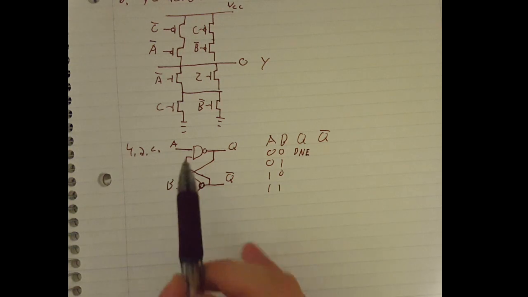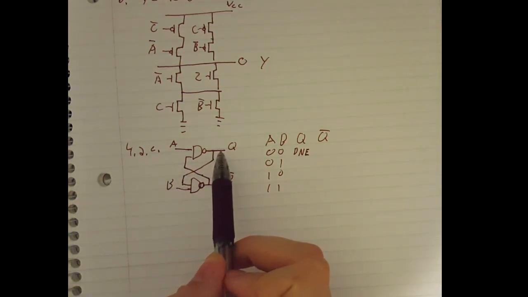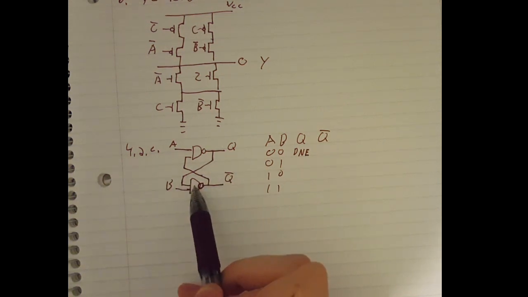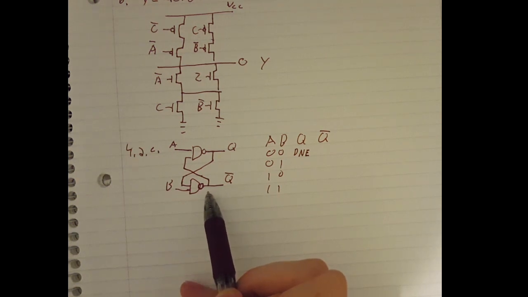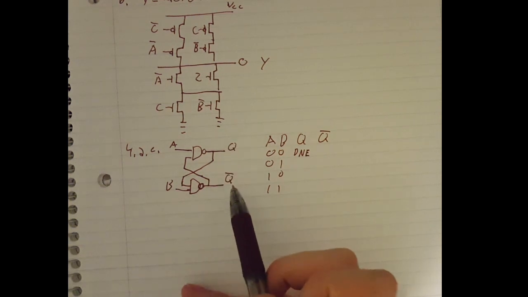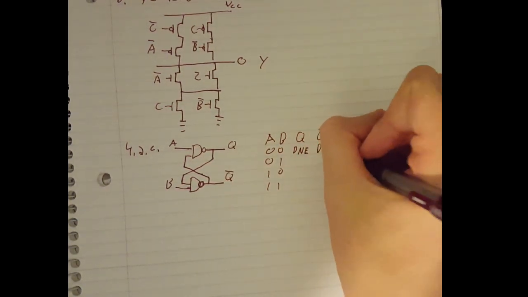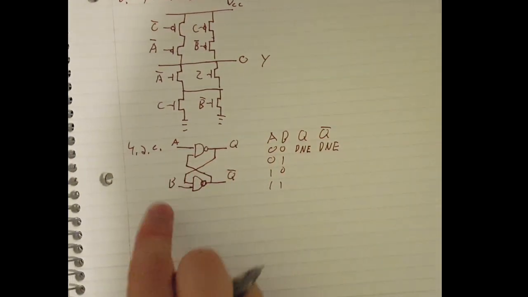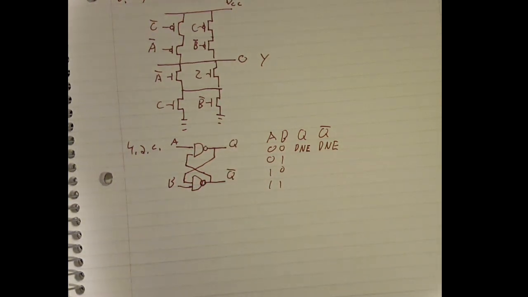Sorry, if we assume Q naught is 1 and A is 0, Q is 1, and that goes through, and you can't have Q and Q naught be the same thing. They have to be the opposite of each other. So these are DNE. You can't have 0 and 0 coming in here and getting actual values out of these.